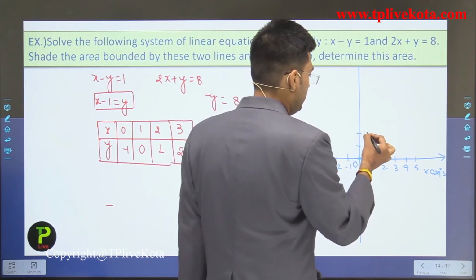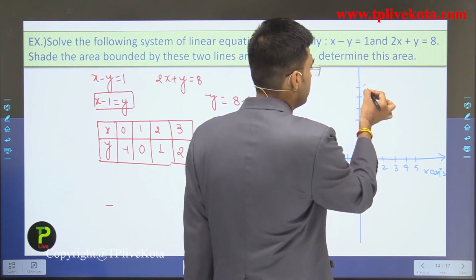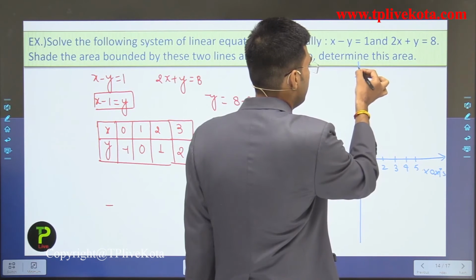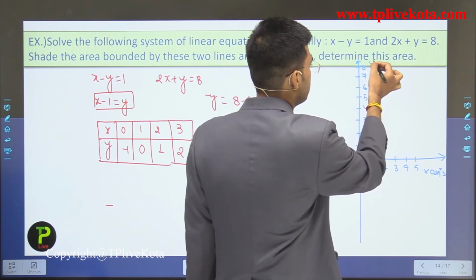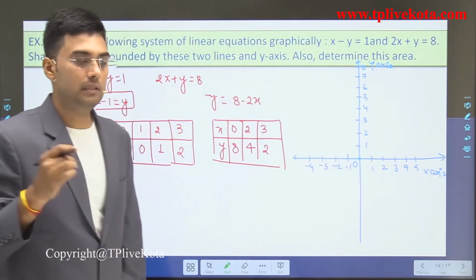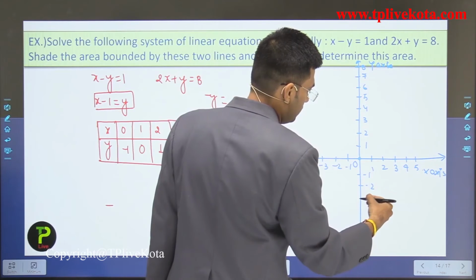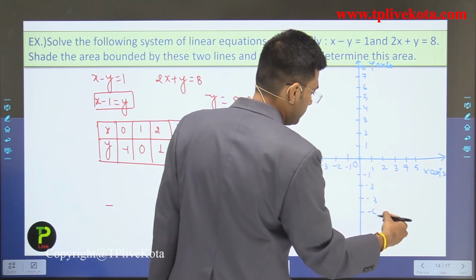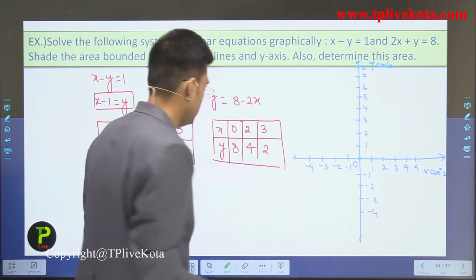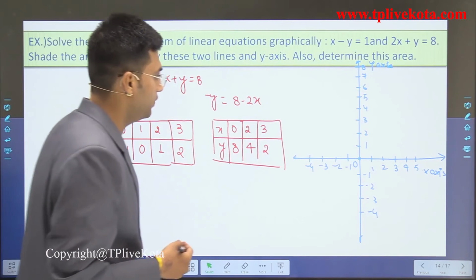On the y-axis, 1, 2, 3, 4, 5, 6, 7, 8. This is the y-axis. Clear? Now this is minus 1, minus 2, minus 3, minus 4.